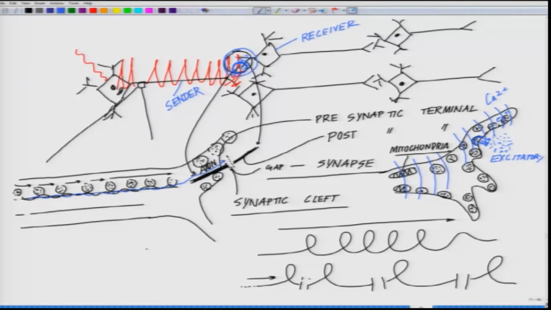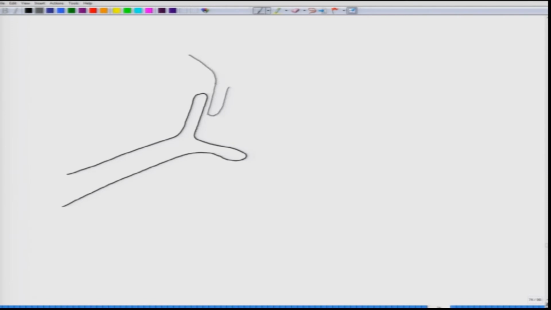So, let me draw it again for you, it may make more sense. So, say for example, this is the sender neuron's axon and terminal. And just for your simplicity, I am keeping it very simple, and this is the dendritic terminal of the receiving neuron.